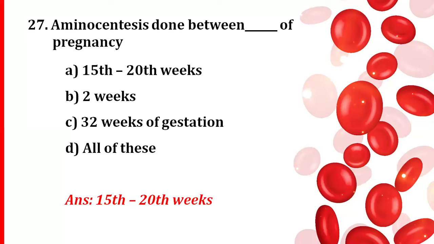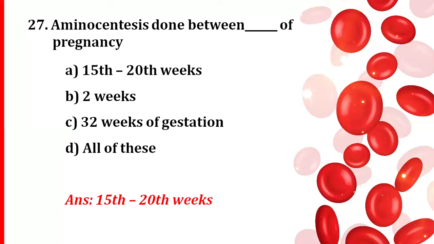So in the amniocentesis, what do we do? We remove and test a small sample of the cells from the amniotic fluid. What is amniotic fluid? That is a fluid which surrounds the baby in the womb. Amniocentesis is done between the 15th to 20th week of the pregnancy, and even after that we can do it.